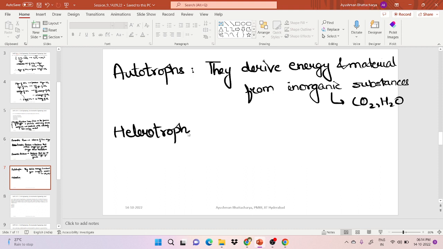Now, if we talk about heterotrophs, heterotrophs are the microorganisms which derive both energy and material from the organic compound.